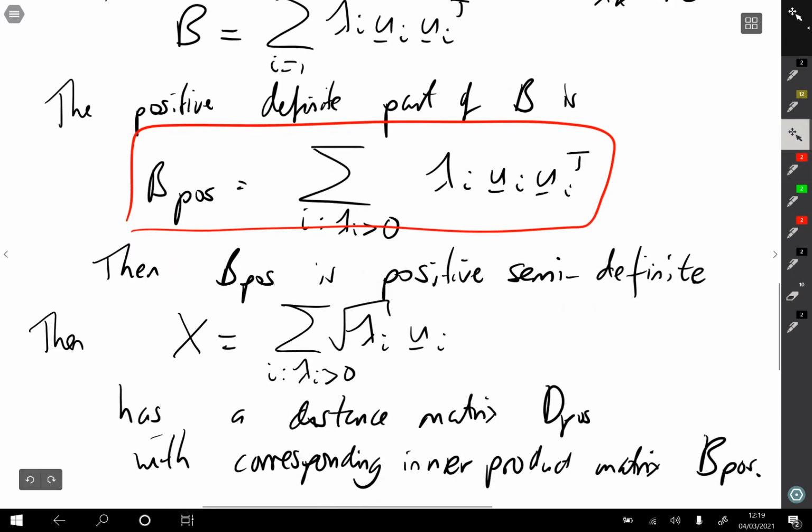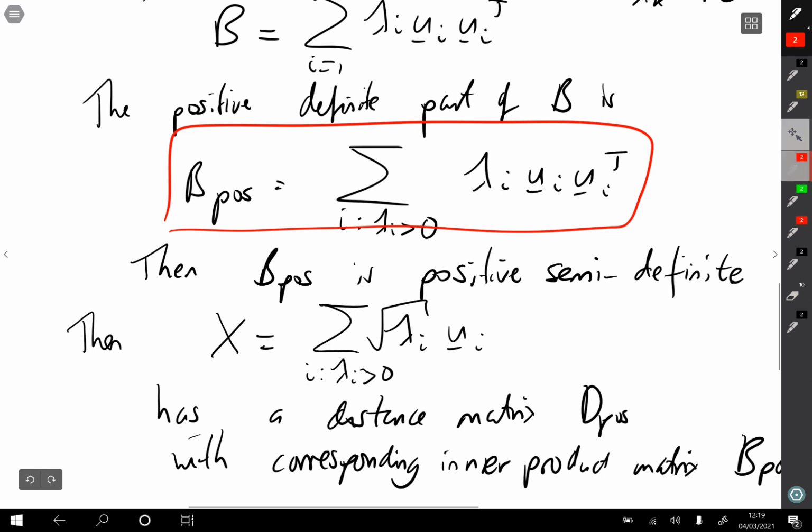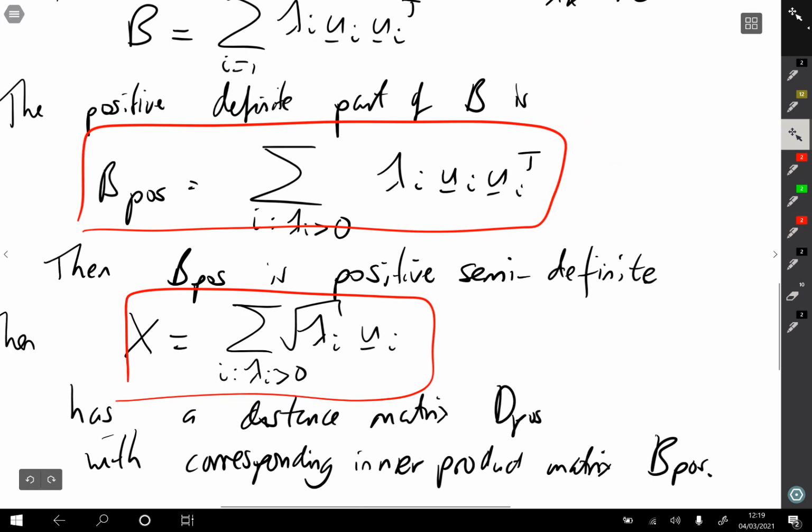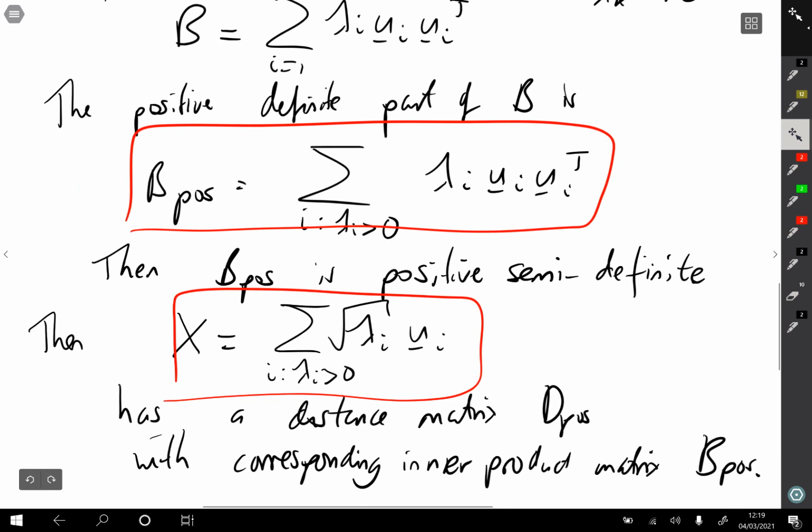Then we can get a set of points X that have a Euclidean distance matrix D pos, which does have inner product matrix B pos.